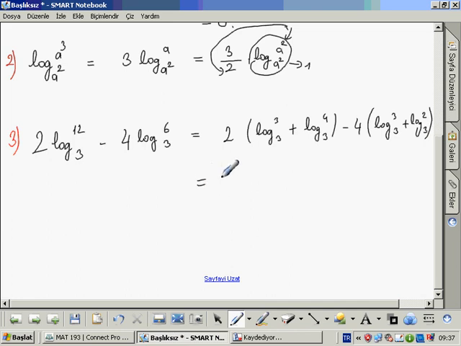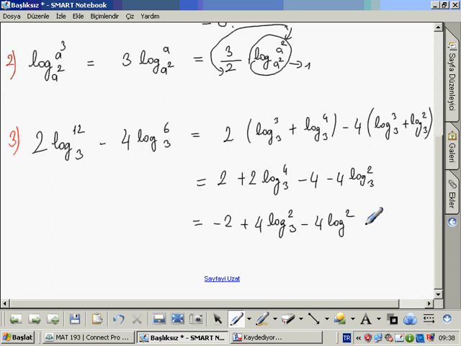That's 2 plus 2 times the logarithm of 4 to the base 3 and minus 4 minus 4 times the logarithm of 2 to the base 3 again, and this will come here, so minus 2 plus 4 logarithm of 2 to the base 3 minus 4 logarithm of 2 to the base 3, and these parts will be cancelled, and after that that will be minus 2.